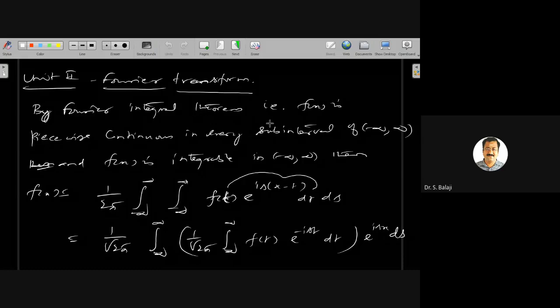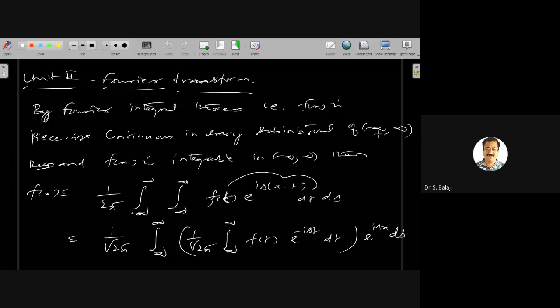What it says is that if f of x is piecewise continuous in every subinterval of minus infinity to infinity, and f of x is also an integrable function in minus infinity to infinity.